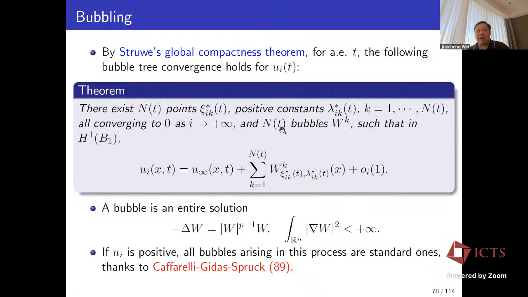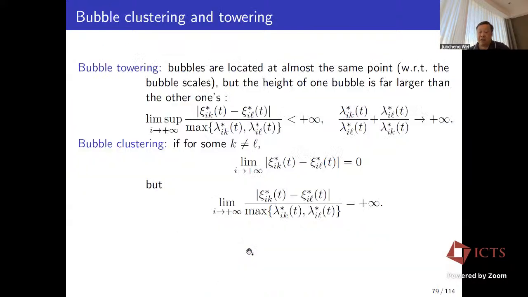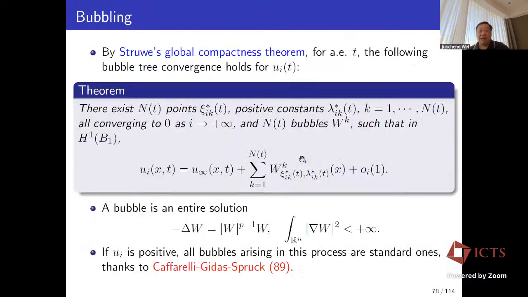Because we assume it's a positive solution, the bubble is a positive bubble. And the positive bubble will have the classification of Caffarelli, Gidas, and Spruck. Okay, so this is a very nice formulation of the Struwe decomposition, but unfortunately, it hides many difficulties.